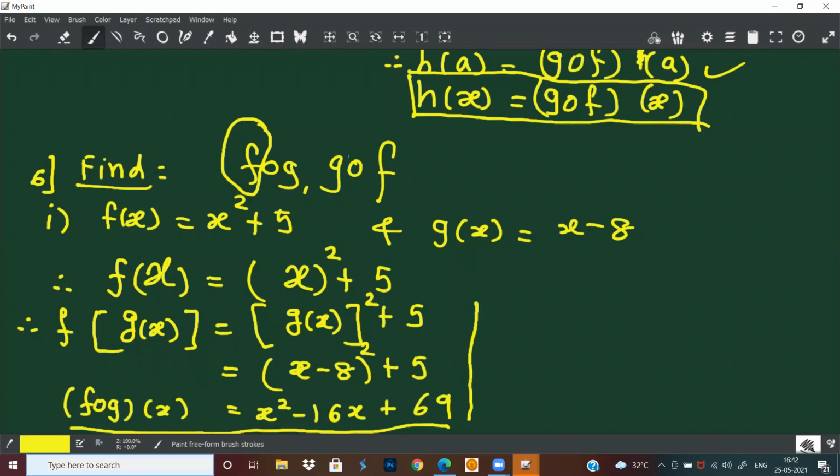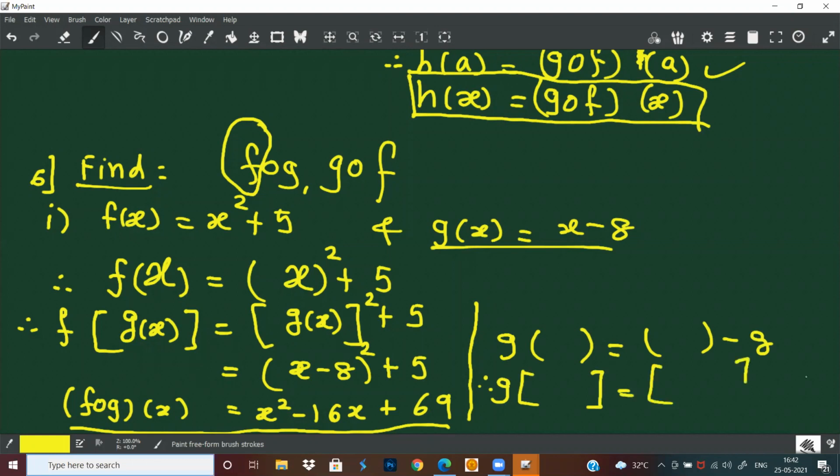Now I am going to find g of f. So if I want g of something, I will copy this, keeping an empty box for x. So I'll write g of something is empty box minus 8. So if g of x is x minus 8, g of f of x is f of x minus 8.